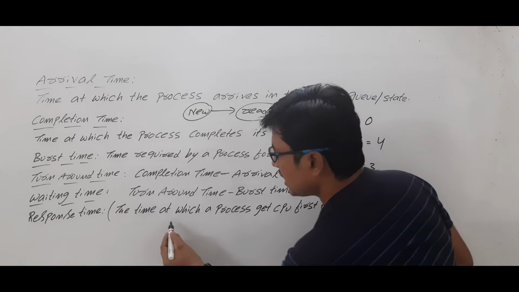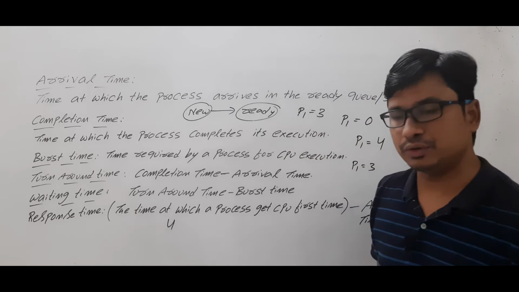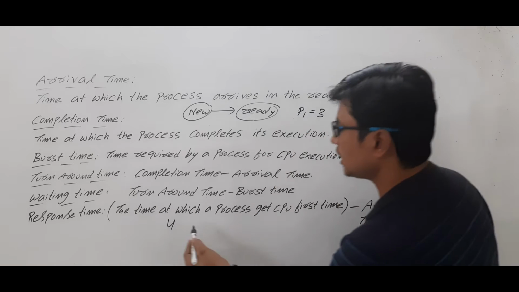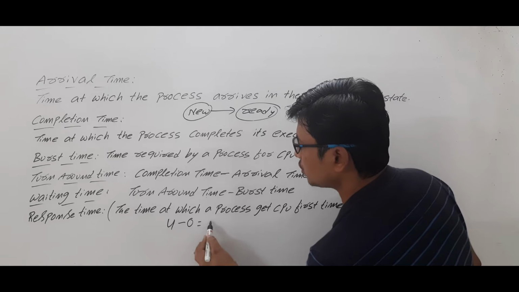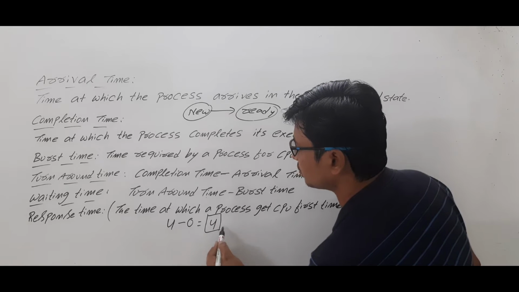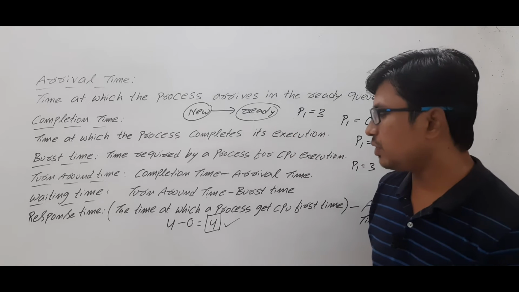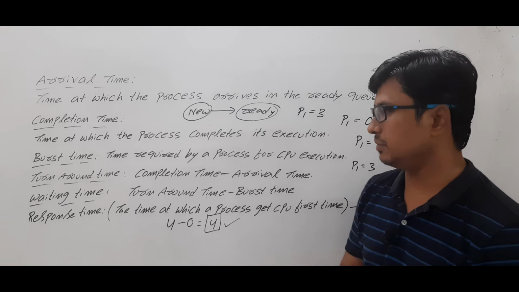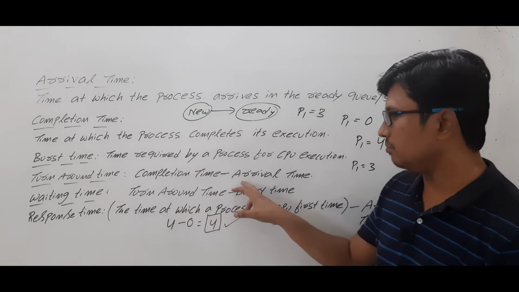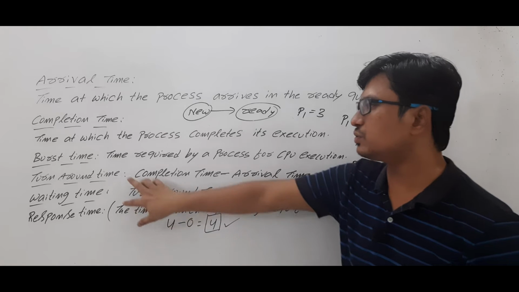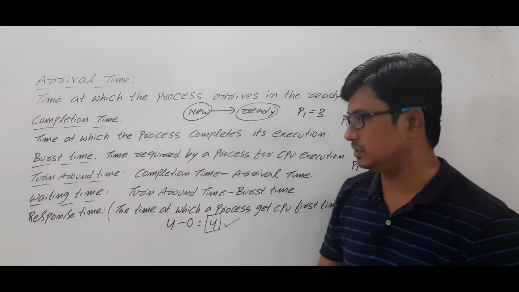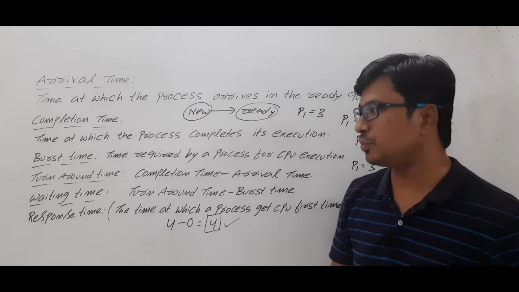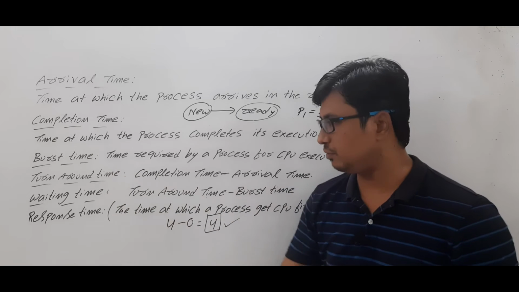Process P1 has completed its task at 4 units of time. However, it has arrived at 0 units of time. So totally it has spent 4 units of time. That we call the turnaround time. It is defined as completion time minus arrival time. A lot of students will be confused with these two terminologies. So that's why I'm giving more importance to the turnaround time and waiting time.